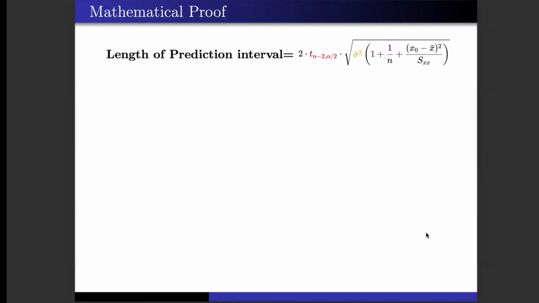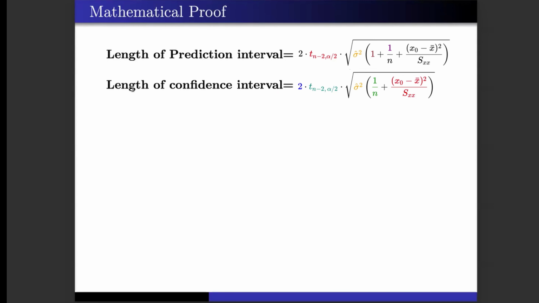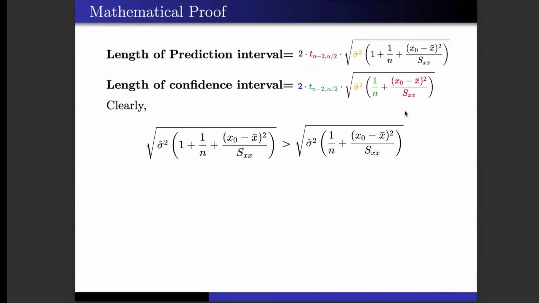So now let's see which interval has greater length. The length of the prediction interval is this, and the length of the confidence interval is twice the critical point times the standard error of an estimate of the mean of y at point x naught.